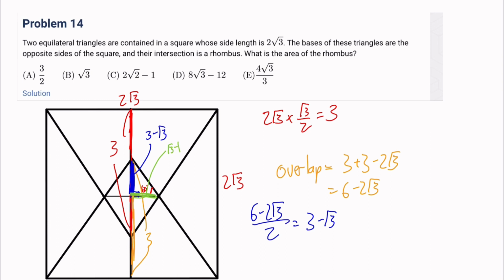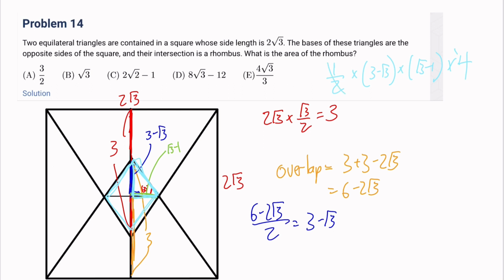And so, I'm running out of colors here. And so this whole area, so the area of this one triangle, will be 1/2 times (3 minus √3) times (√3 minus 1). And then we want the area of the full rhombus, so we have to multiply that area by 4.